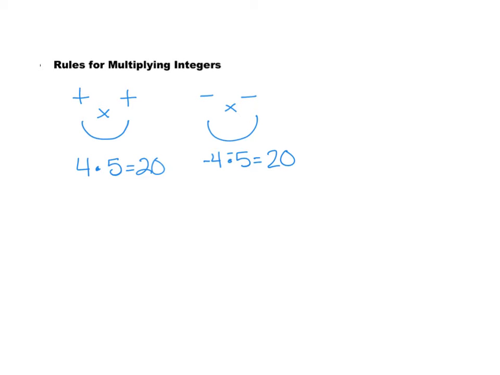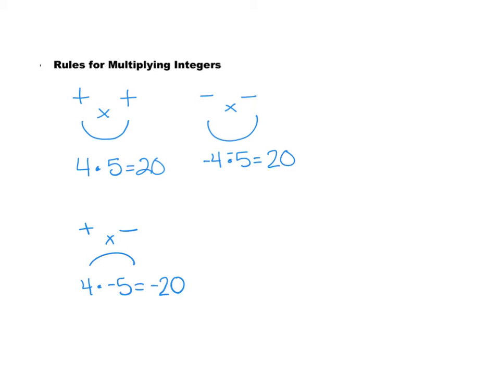Now let's look at what happens when we have a positive times a negative. Look how silly he looks. Almost looks like he's got a hurt eye or something. In this case, we'd have 4 times negative 5, and a positive times a negative is going to result in a negative 20.